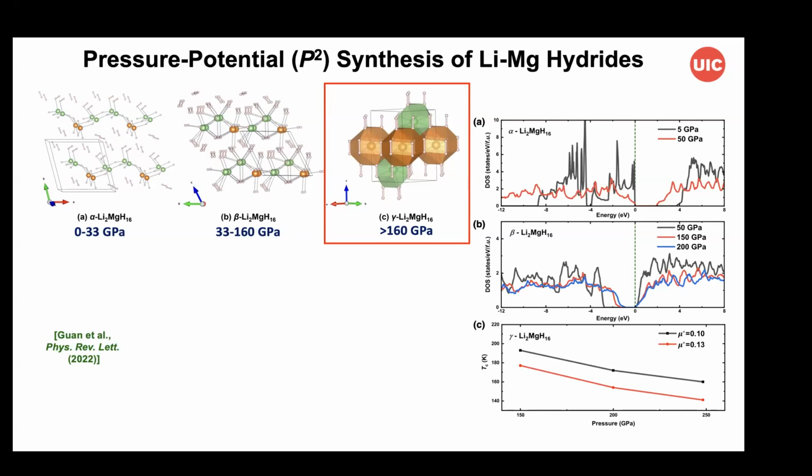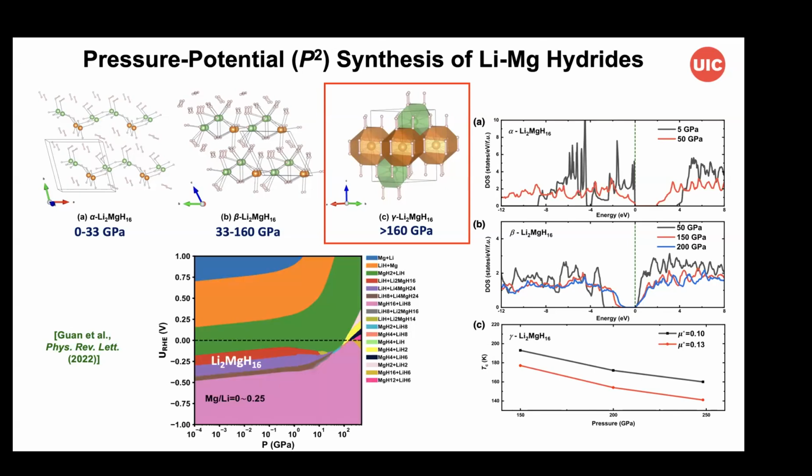And it's a superconductor, as you can see there in that bottom plot, with this interesting pressure dependence of Tc. And if you calculate the phase diagram for it as a function of electrical potential, you find that it's stable to quite low pressures. So a promising new route for these systems, stabilizing them at low pressure with electrical potential.